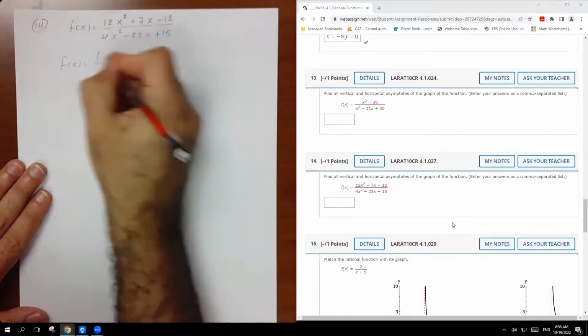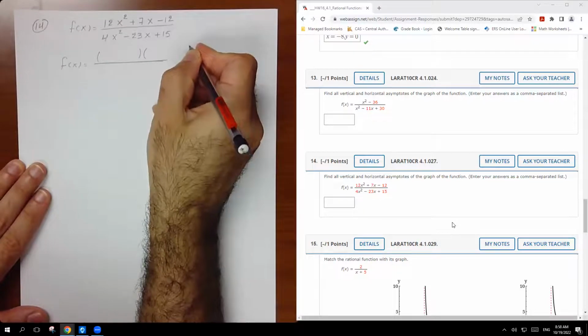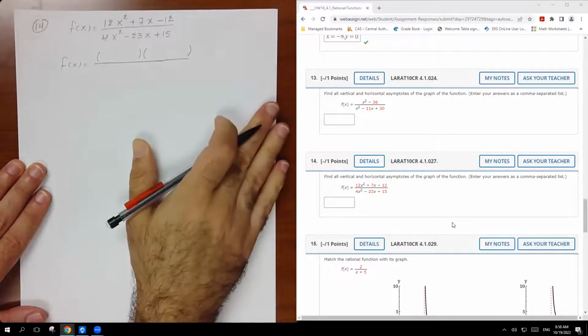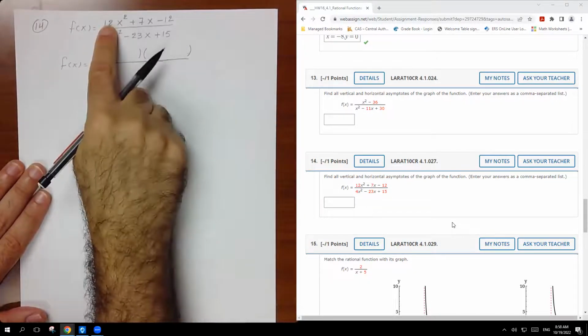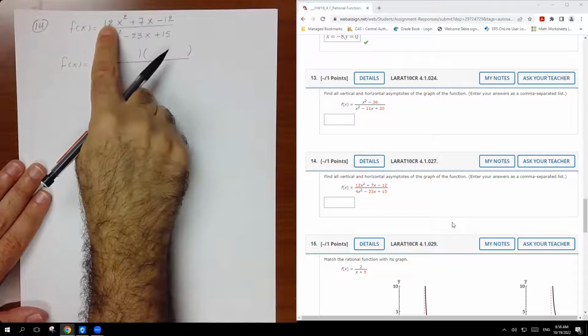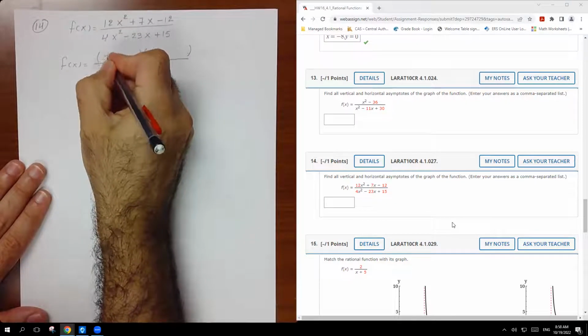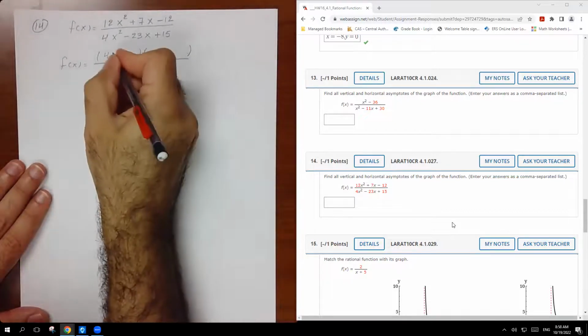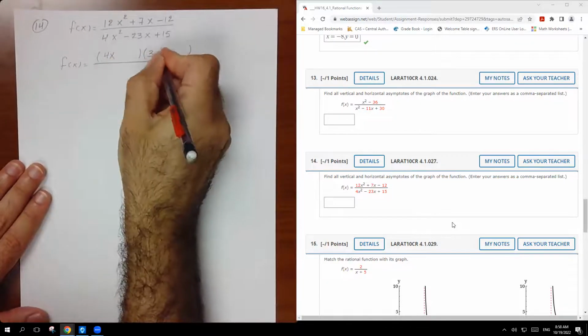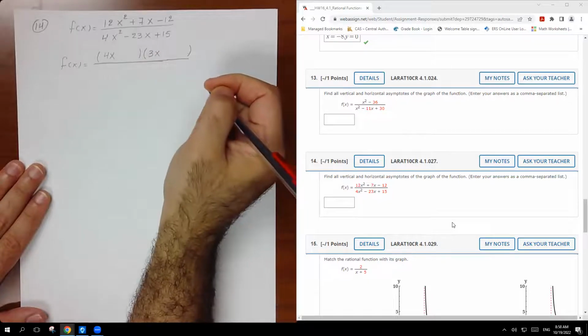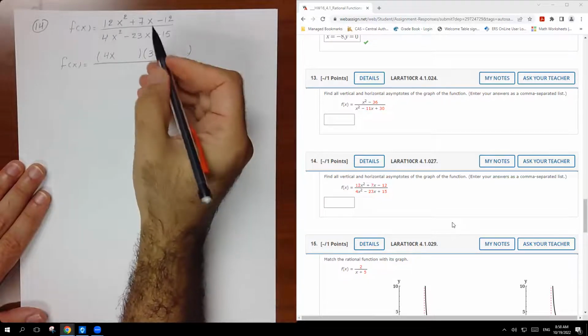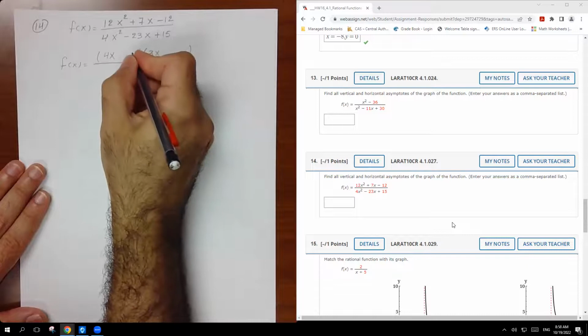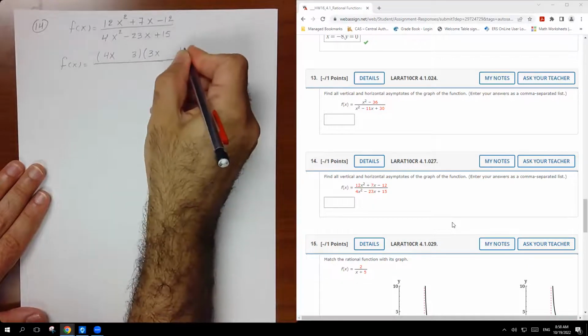So we're going to open two parentheses. And let's see. 12, I'm going to use 3 times 4. So if I use 4 here, I'm going to use 3 on the other side. So 4x here and the 3x here. Now, 12 also, I'm going to put the 3 here and 4 here.